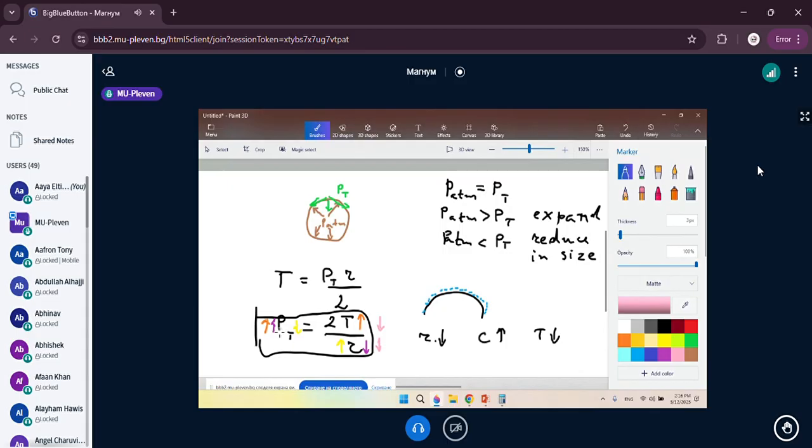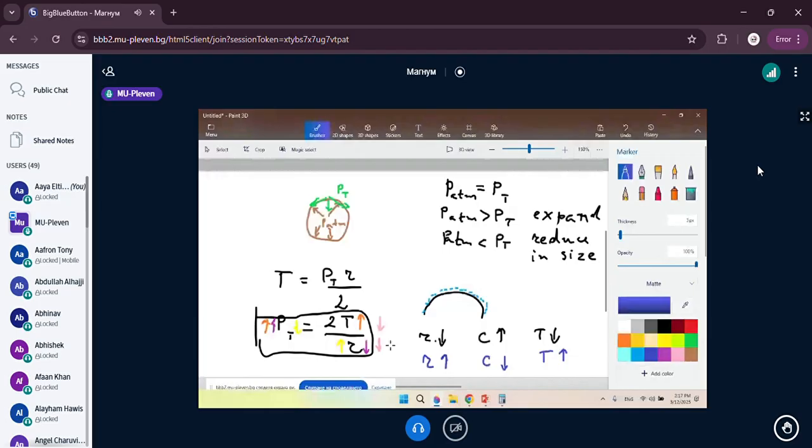Alveolus is stable. If it expands, suppose radius increases, the surfactant becomes more diluted, because it will be distributed over a bigger surface. That's why its concentration will decrease, and tension will increase.